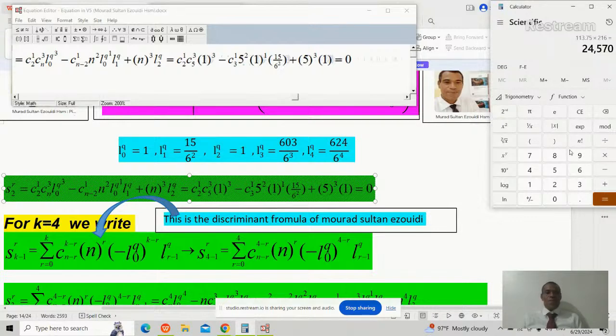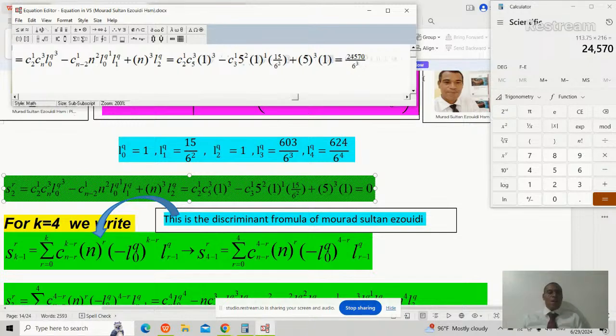So it will be equal to, I will use a fraction if it is possible, the numerator value is 24,570, divided by 6 cubed, the cube of 6.